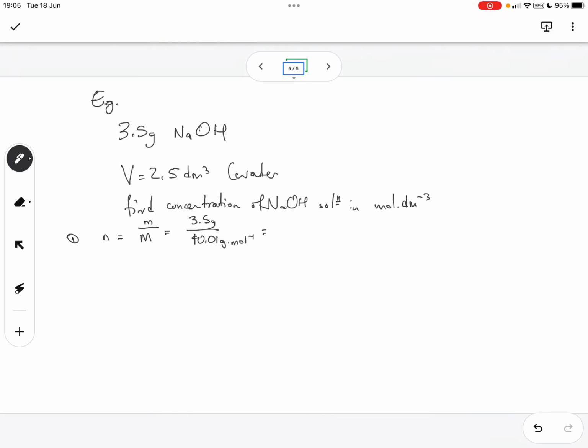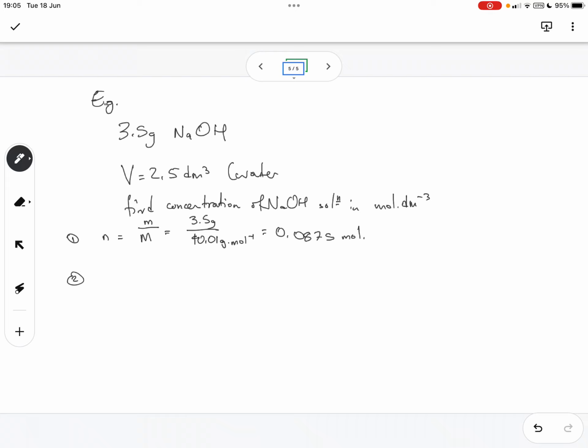So when we calculate that, 3.5 divided by 40.01 gives us 0.0875 moles.